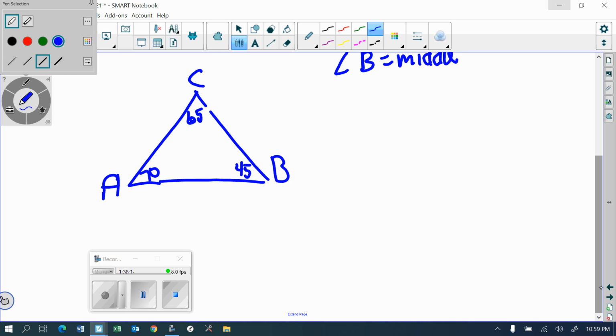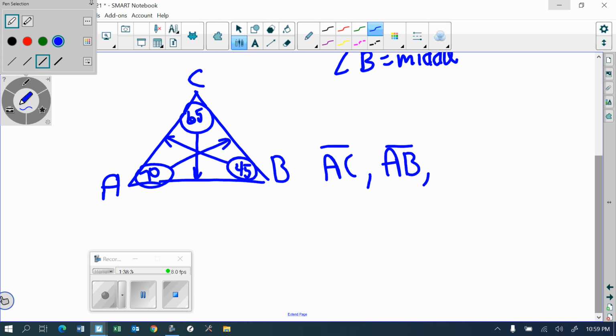Going smallest to greatest, the smallest angle makes this the smallest side, segment AC. The next smallest is angle C, so that's segment AB. And obviously this is the greatest, so that's the longest, segment BC.